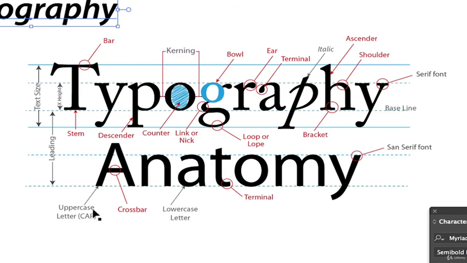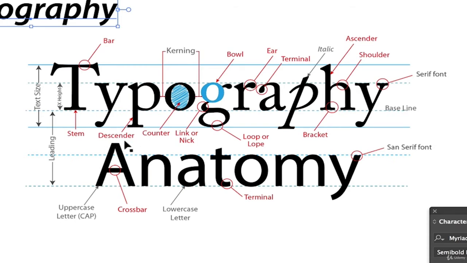And of course, you know the caps letters or uppercase letters, like that one in here, and all these letters are lowercase letters or small caps. And we usually type our small letters between those two dotted lines. However, some letters will be exceeding those baselines, like the B letter in here.